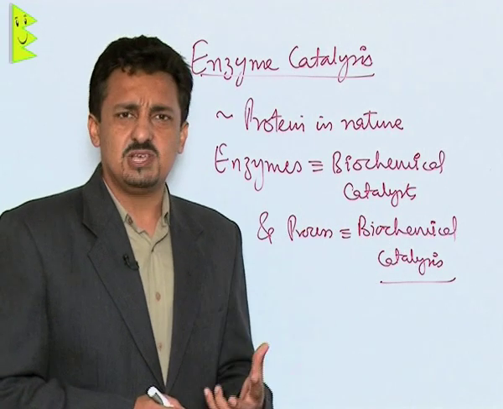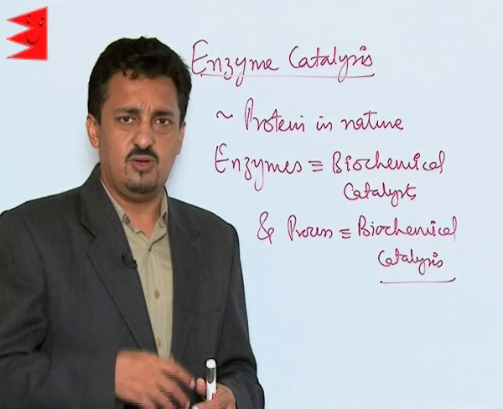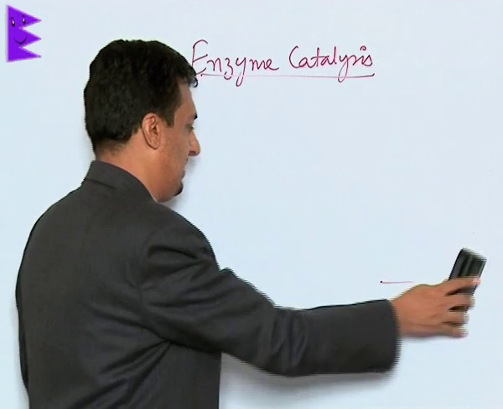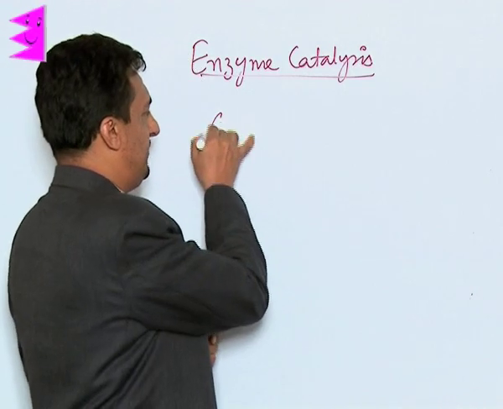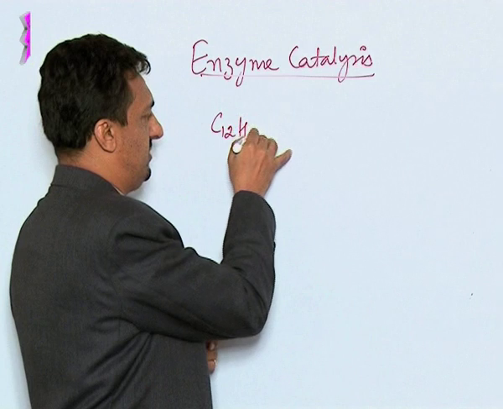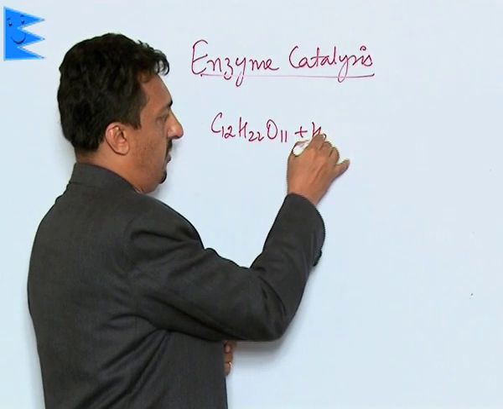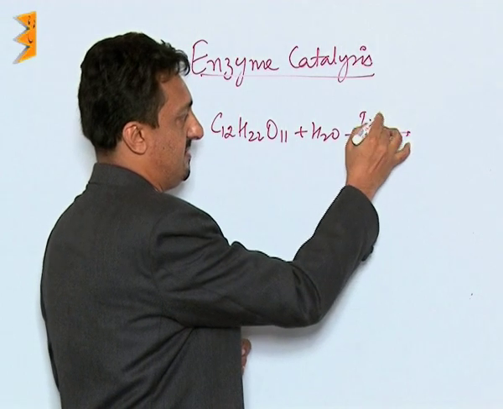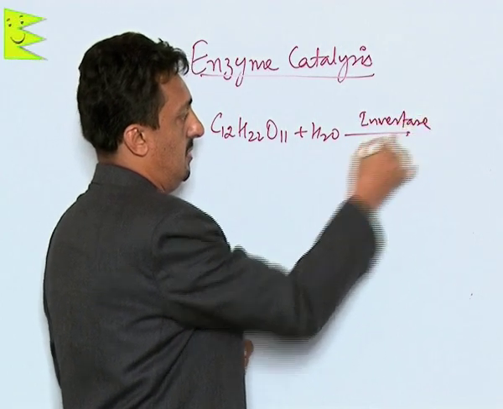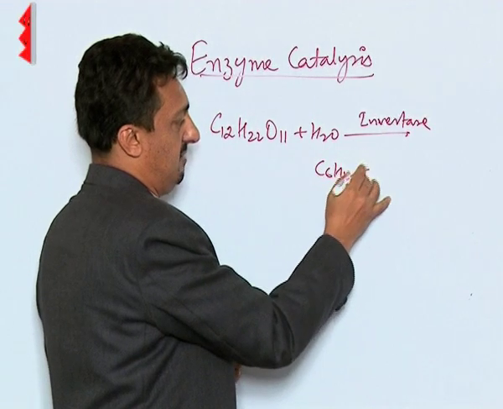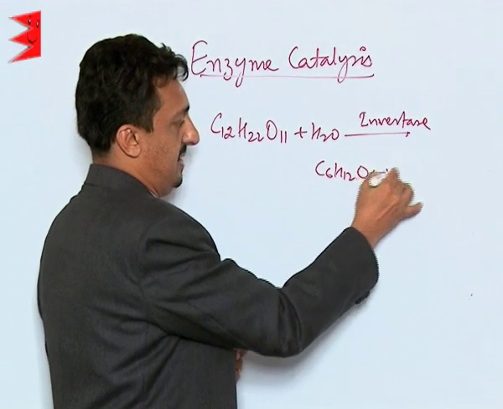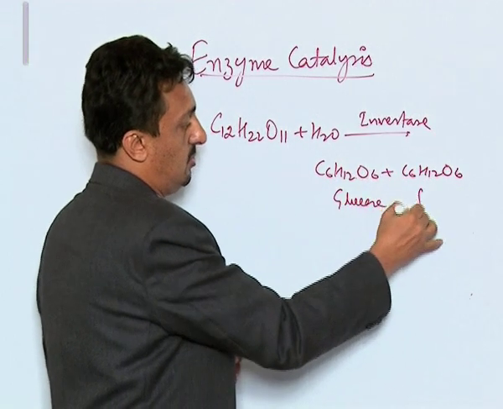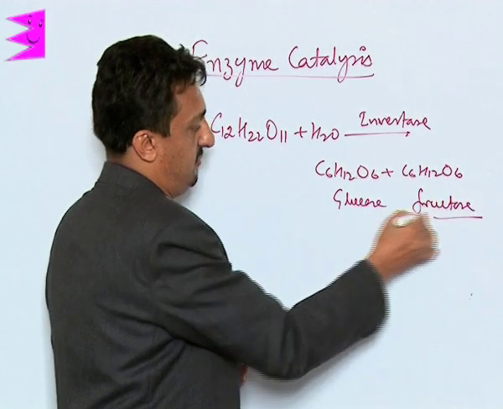Now, we have millions of examples. We can take the most common ones which we have been studying from the junior levels. We know, if we take sucrose, C12H22O11, in water and we put an enzyme called invertase, what we get is C6H12O6 plus C6H12O6, so it is glucose and fructose.